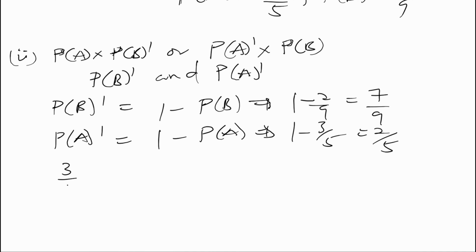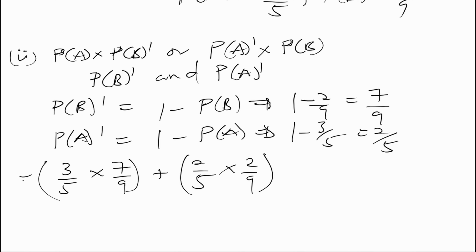So the probability of winning only one event will be P(A), which is 3/5, times P(B) complement, which is 7/9, or, and in probability, or is addition, plus P(A) complement, which is 2/5, times P(B), which is 2/9.